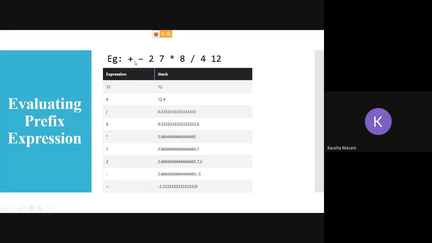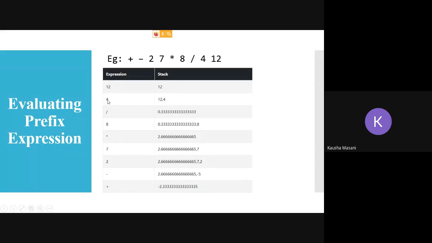If this is my example, plus minus 2 7 star 8 divide 4 12, scanning from right hand side towards the left hand side: 12 4 divide 8 star 7 2 minus plus. Now 12 is an operand, so move it into stack. 4 again is an operand, move it into stack.